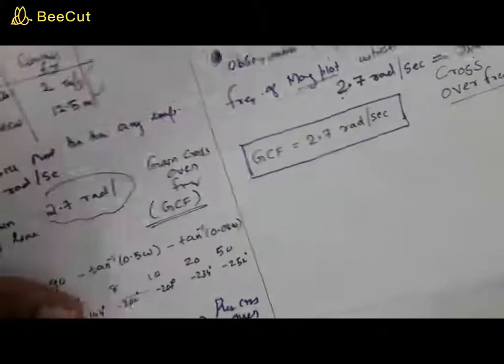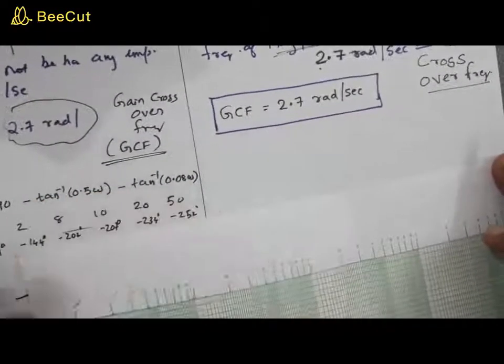Hope you understood this. So your GCF is 2.7 radians per second.